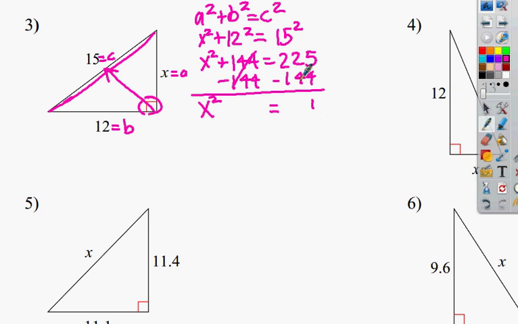And it's going to be 8. I do 22 minus 14, like 6 plus 2, I get 8. And since it's in the tens place, it's really 80. And 1 is 81. Now I do the square root of both sides. Square root of x squared, once again, is x. And square root of 81 is 9, because 9 times 9 is 81.